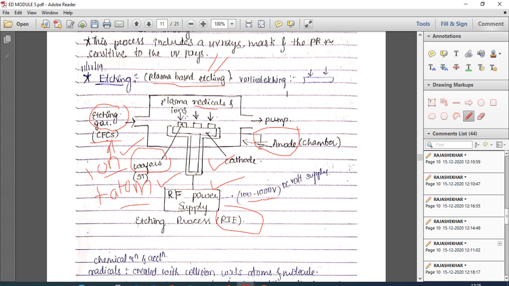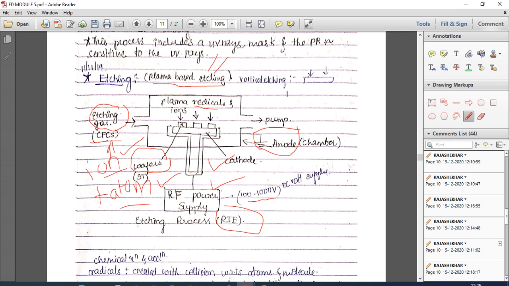The electrons collide with the radicals like molecules, and during the collision, wherever the softened part is present on the surface of the wafer, it will be removed uniformly. Thereby we can say that the etching process takes place by the uniform distribution of electrons present in the etching gas.